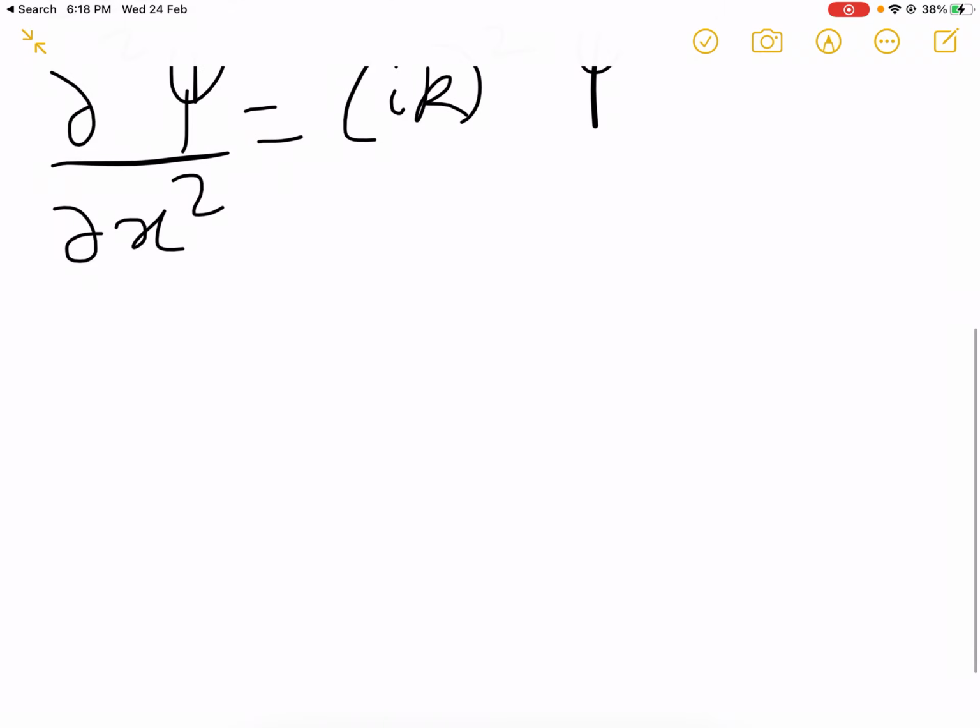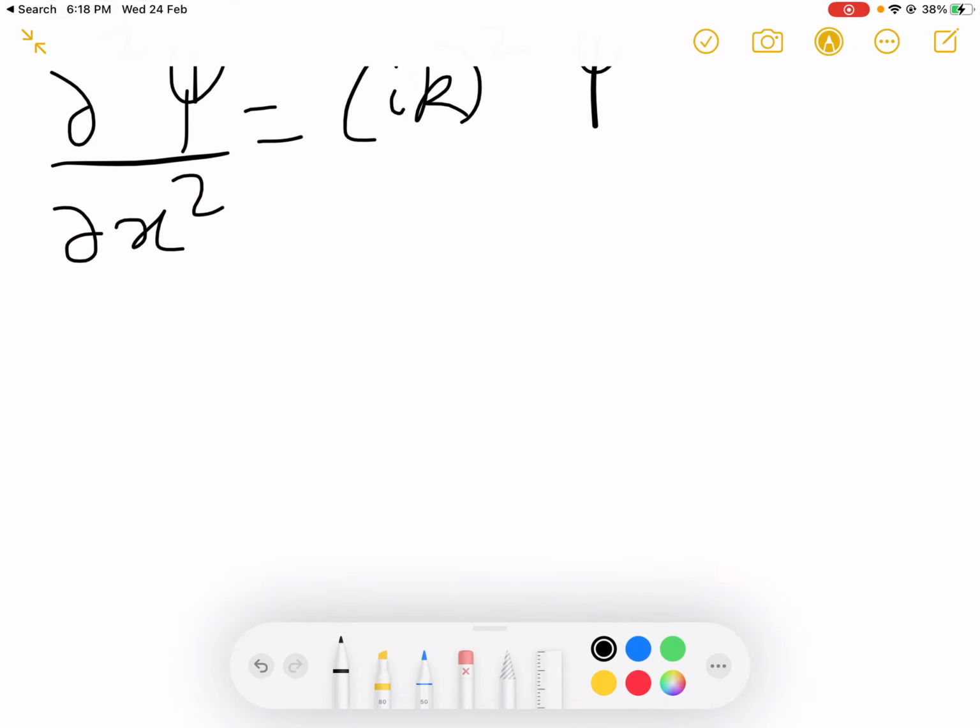Next we know that k is equal to p over h bar, where p is momentum, h bar is the reduced Planck's constant, which we write as h over 2 pi, and h is the original Planck's constant, which relates to the energy of a photon, which is a particle of light. That's a lot to grasp, you don't need to understand it.